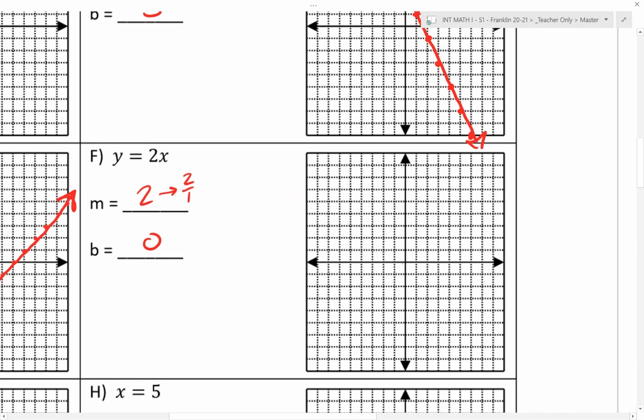So we start at the origin and then just up 2 over 1. So when you don't have an intercept, a b value in the equation, you know that's because it is a 0. So through the origin, up 2 over 1, and then backwards down 2, left 1.